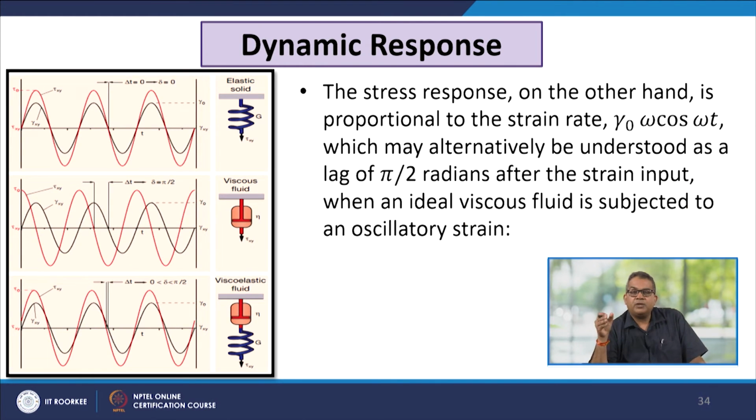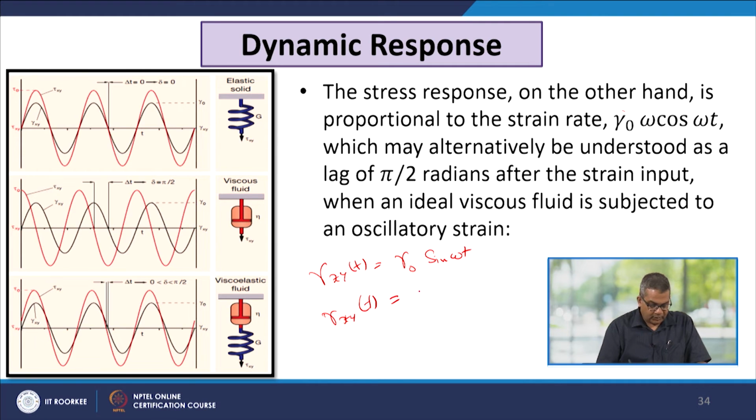The stress response, on the other hand, is proportional to the strain rate, gamma naught omega cos omega t, which may alternatively be understood as a lag of pi by 2 radians after the strain input when an ideal viscous fluid is subjected to an oscillatory strain. So, this is gamma xy(t) equal to gamma naught sine omega t, and the strain rate is equal to gamma naught omega cos omega t.